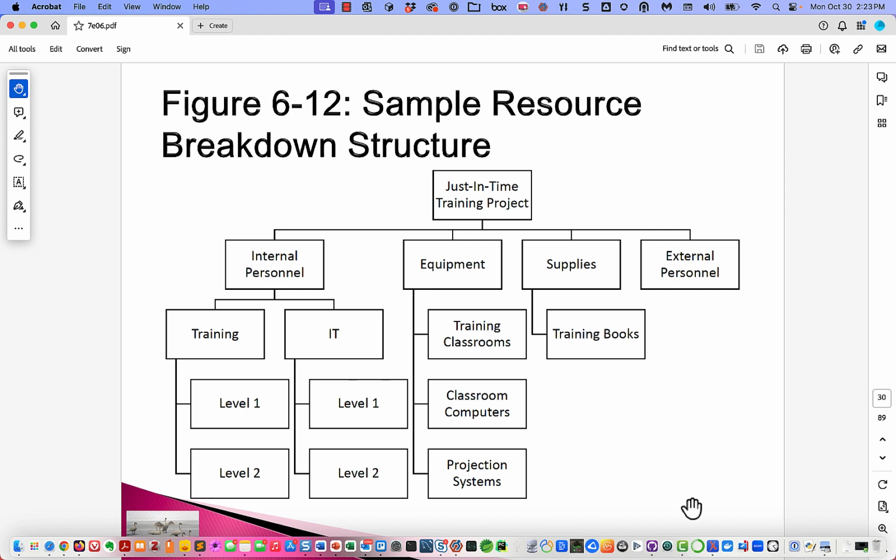People took the same kind of hierarchical breakdown and applied it to resources, and they call this a resource breakdown structure. So here we've got internal personnel, equipment, supplies, external personnel.